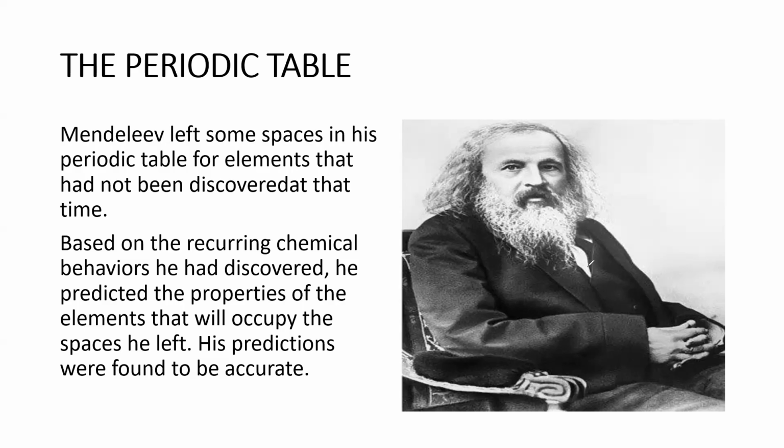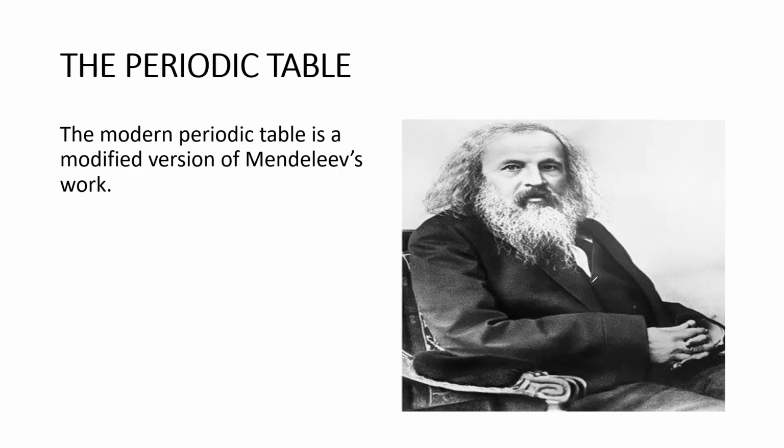Are we together? So at that time, elements were discovered and they were fitting into the periodic table. As more elements were discovered, small errors were also discovered. And I'm going to mention one of those errors as we proceed.